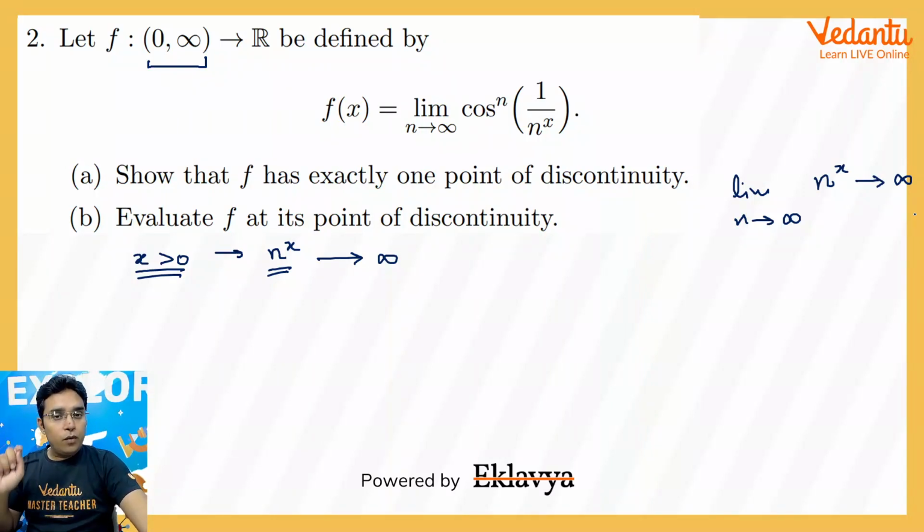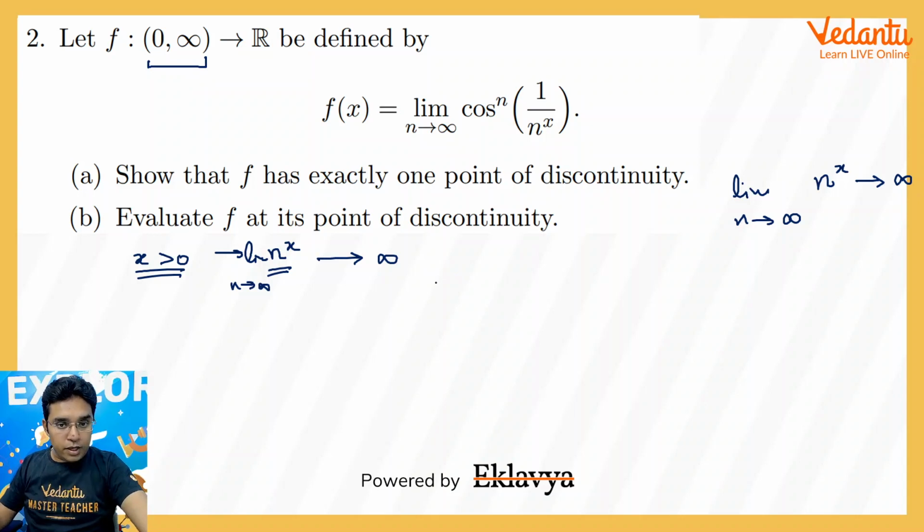Let me tell you, however small an x you take, by varying n towards arbitrarily large, this n power x can become infinite. So for x greater than 0, this limit as n approaches infinity of n power x will be infinite.